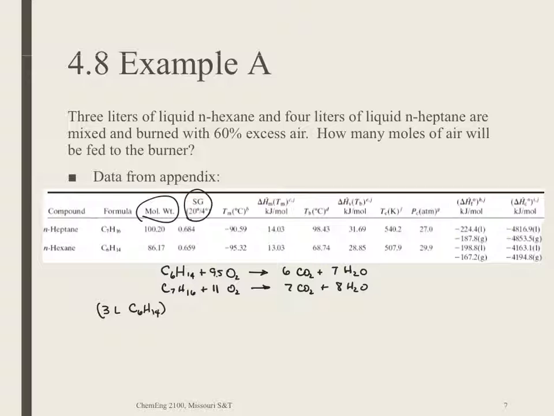The specific gravity of this is 0.659, so that means there are 659 grams per liter. And then the molecular mass is 86.17, so 1 mole is 86.17 grams. So I have 22.943 moles of C6H14.